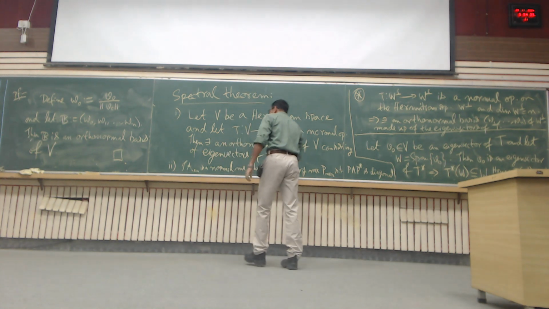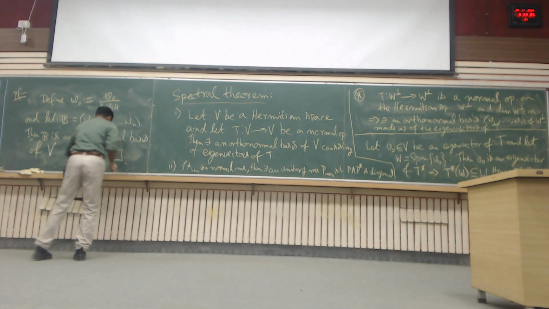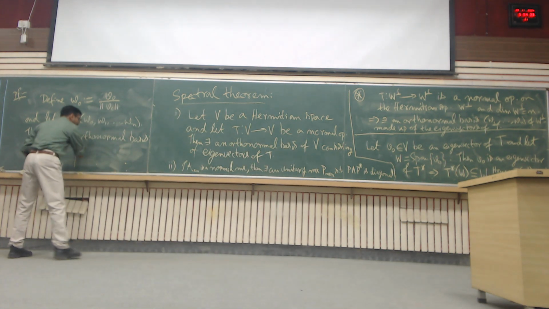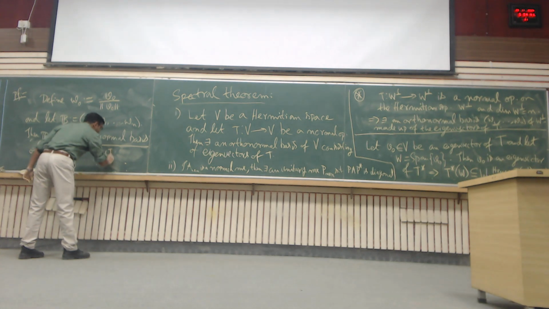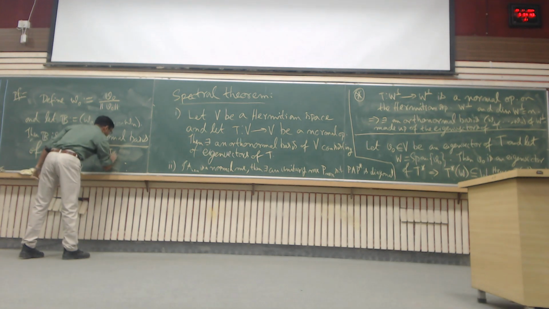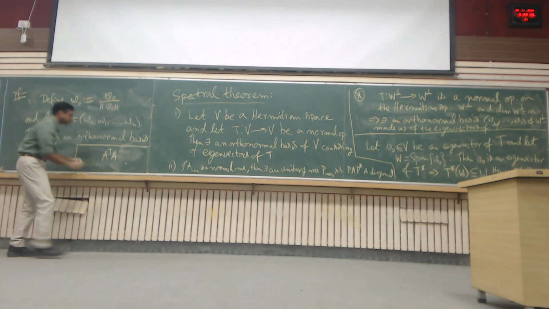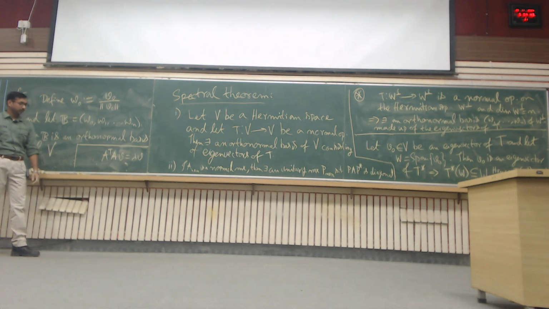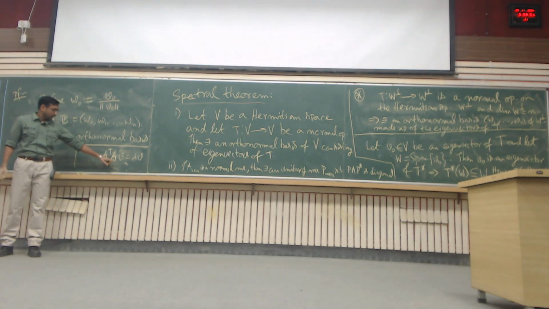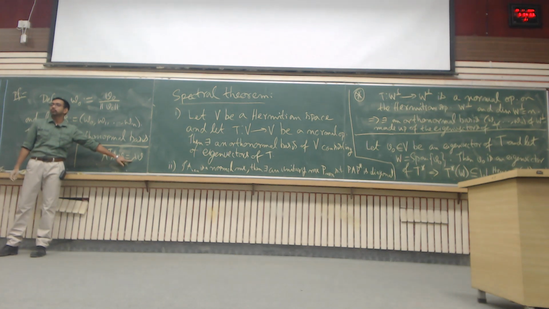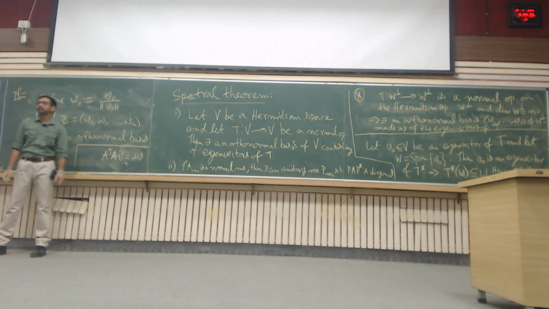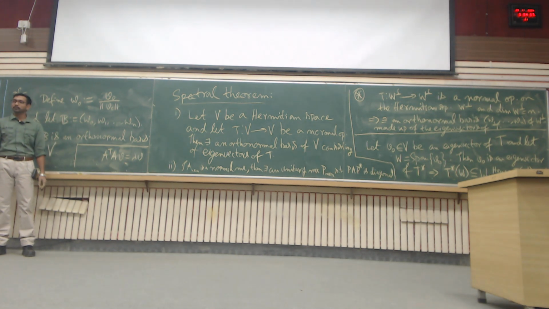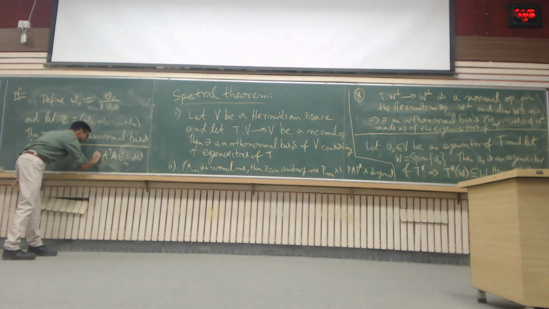Okay, let's check. You are having A transpose A, right? And suppose V is an eigenvector, so A transpose A V is equal to lambda V. We want to show that lambda should be positive. What should we do? Wonderful, yes.